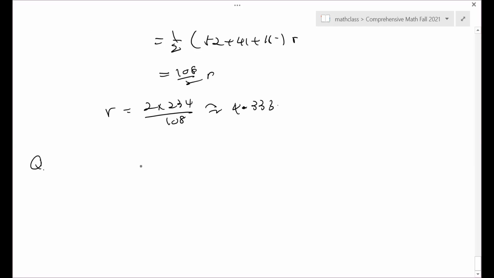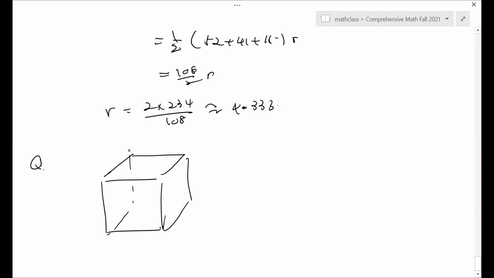So this is a rectangular prism. Here's A, B, E, F, G, H, D, and C. I'm going to connect them.